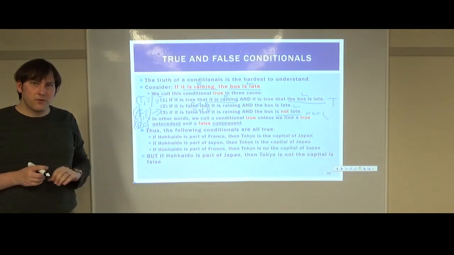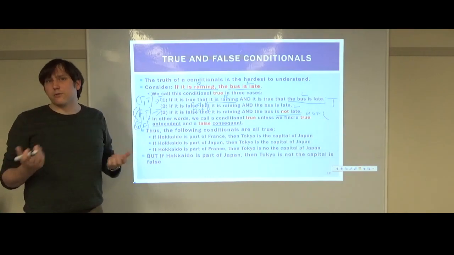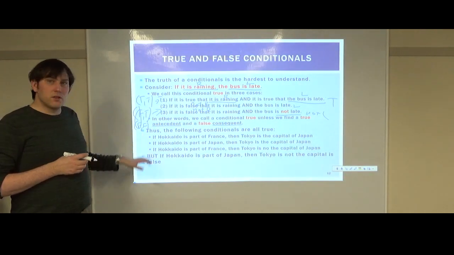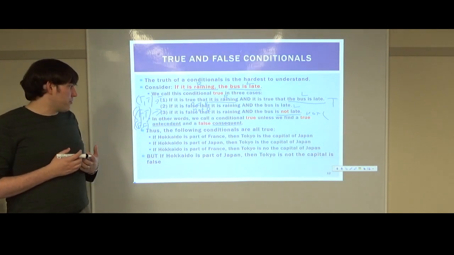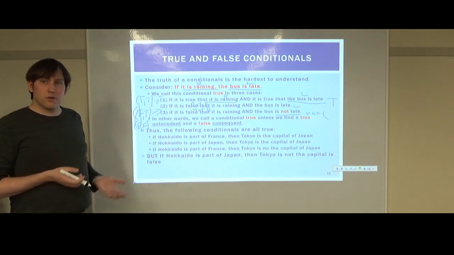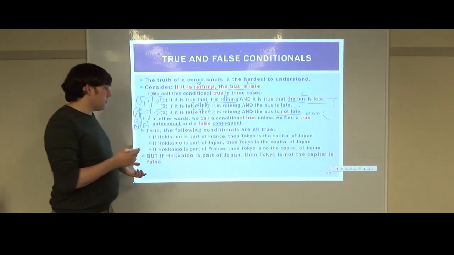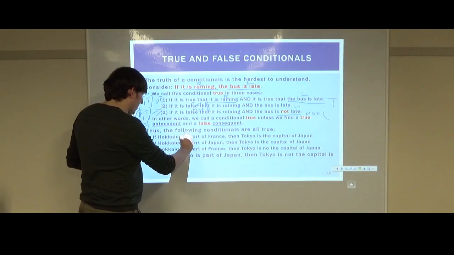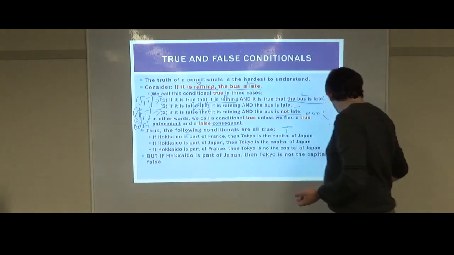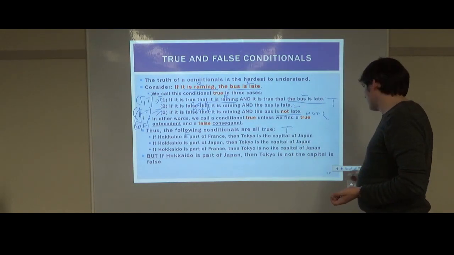So let me give you a few kind of weird ones, and we'll talk about it briefly. Thus, the following conditionals are all true. If Hokkaido is part of France, then Tokyo is the capital of Japan. So this has us with something that is false, and this gives us something that is true. Let's switch colors here.